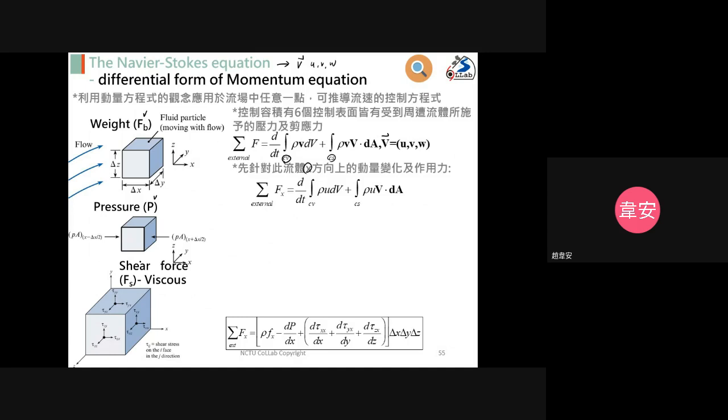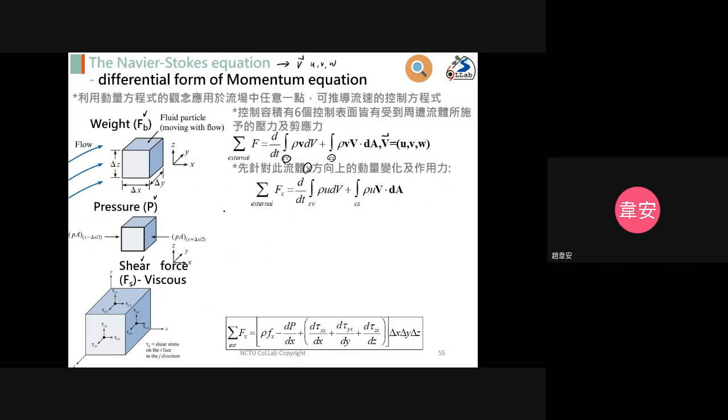And we have a third force, which we call the shear force. In previous chapters, we always ignored the viscous effect, but here the viscous effect needs to be taken into account. So we have the shear force, which is related to the viscous effect. We call that Fs.